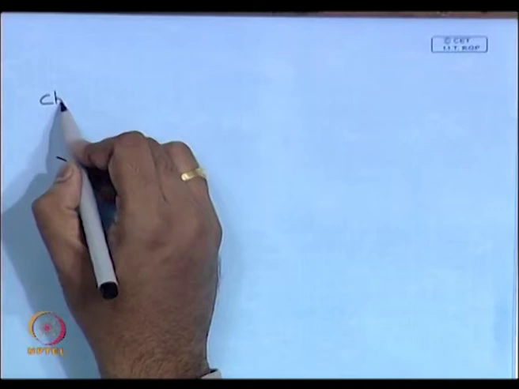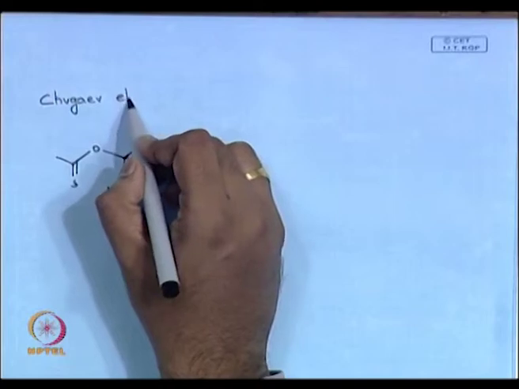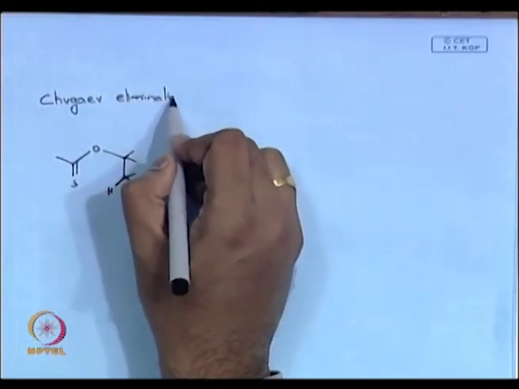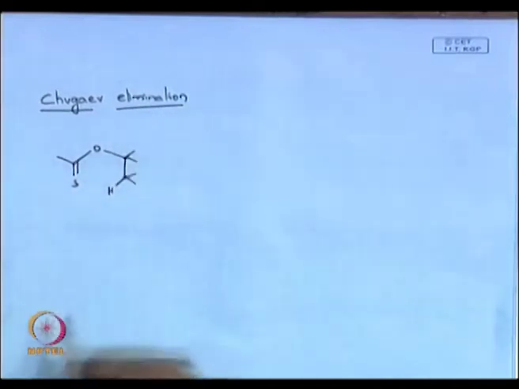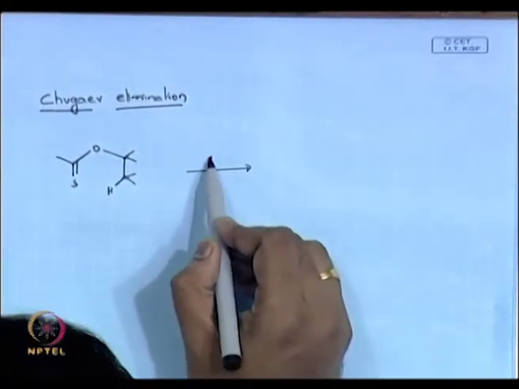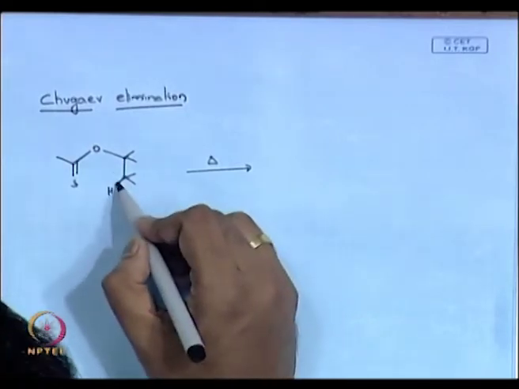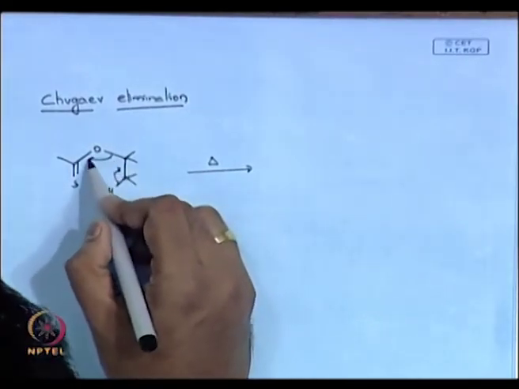Instead of an ester I have taken a thioester. Nothing but it is a Chugaev elimination. Okay, Chugaev elimination just falls under retro-ene reactions. Whenever you think about it, just remember this type of reactions. Your ester pyrolysis, thioester pyrolysis, that is Chugaev elimination, is nothing but an ene reaction. The mechanism you can think about the same way as in the earlier case.